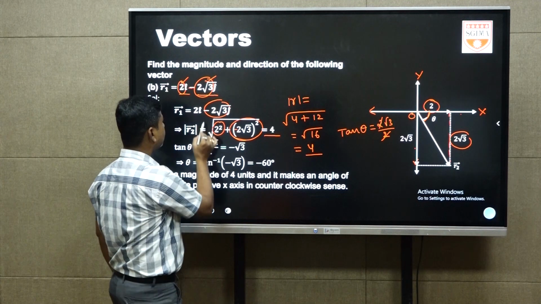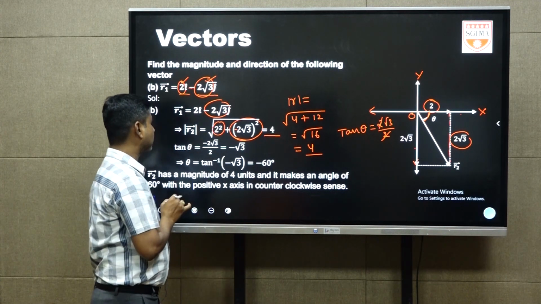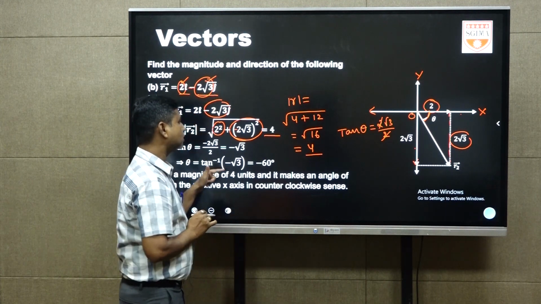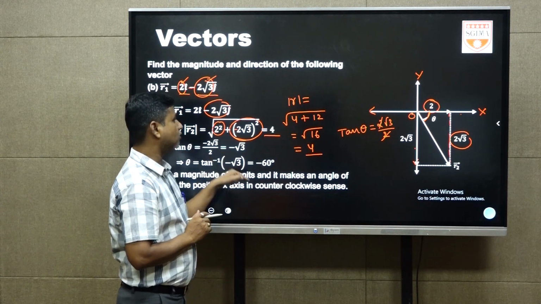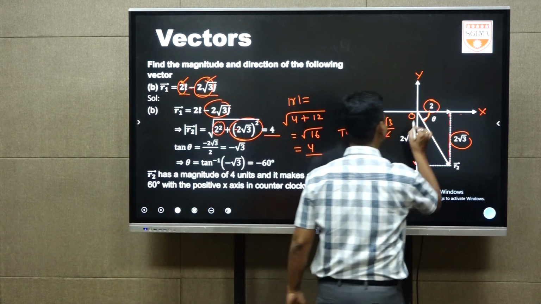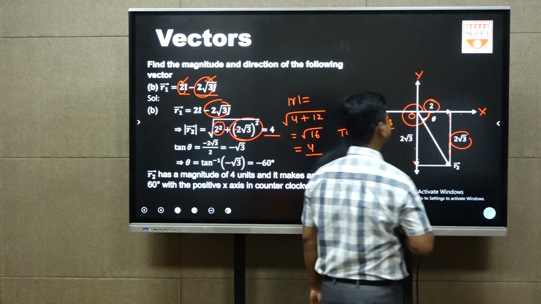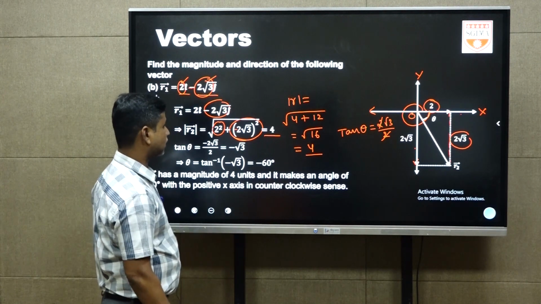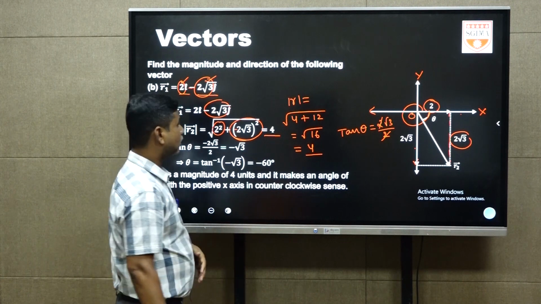Otherwise, including the direction, minus 2 root 3 upon 2. Based on the negative sign, we take it as minus root 3, which means we take 270 plus theta, as per the coordinates.